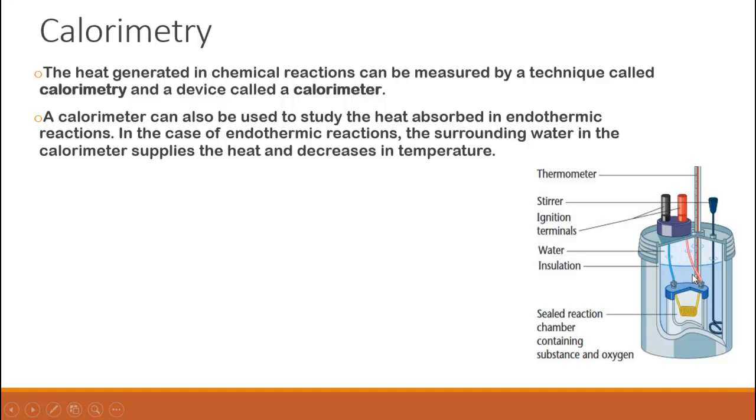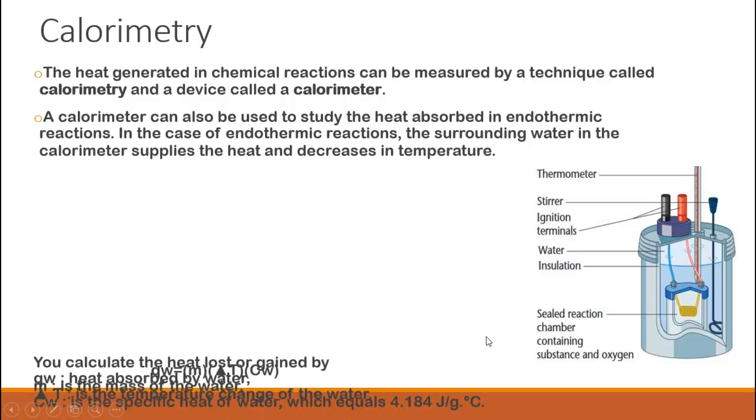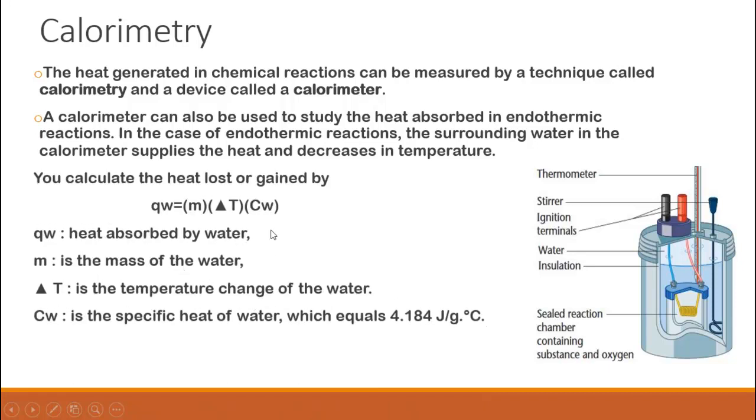The heat lost or gained by the surrounding water is calculated by the equation Qw equals m delta T Cw. Qw refers to the heat absorbed by water, m refers to the mass of the water, delta T, and I told you before that delta means the change, and here delta T is the change of temperature for water, and Cw is the specific heat of water, which is constant, equal to 4.184 joules per gram degree Celsius.